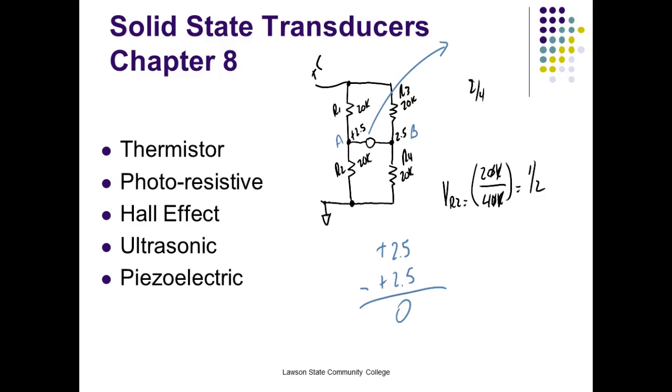Now the problem is that a thermistor changes its resistance with temperature. But when I look at a temperature, I talk about 32 degrees, I talk about 15 degrees. That's not just a resistance, that is a value, right? You understand? So what do I need to do?